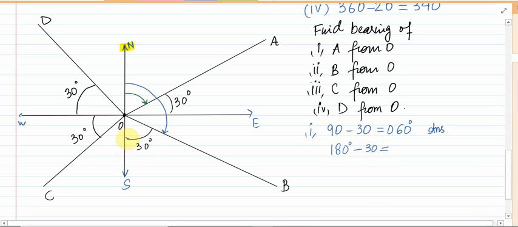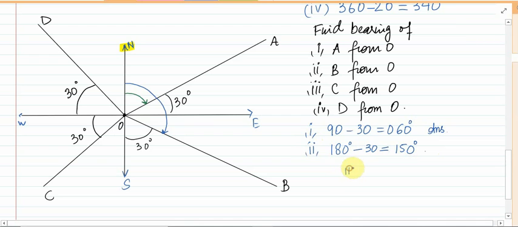If I subtract these 30 degrees, I can reach this point, that is my goal. So 180 minus 30, it's 150 degrees, and that is our answer. Since it's already in 3 digits, no need to add 0 in the beginning. So that is part 2 answer, right?